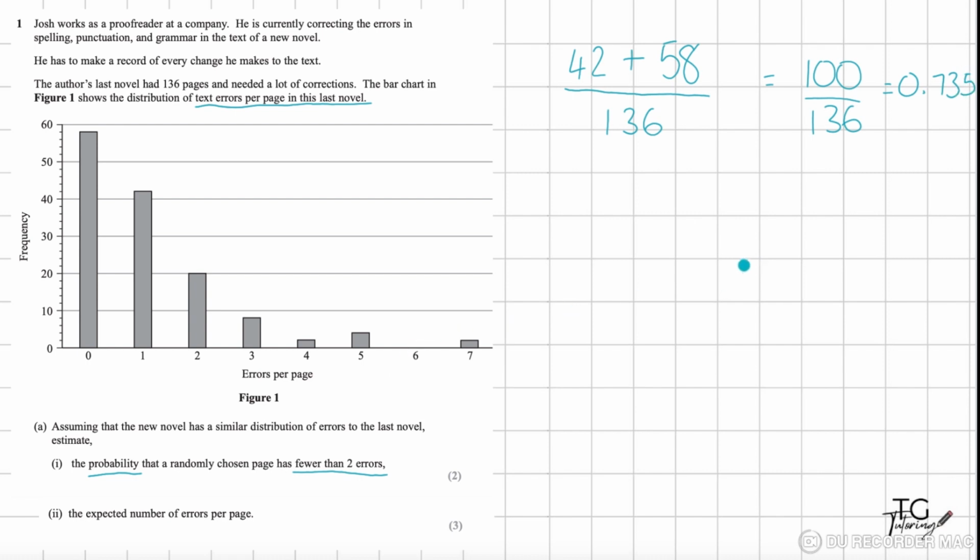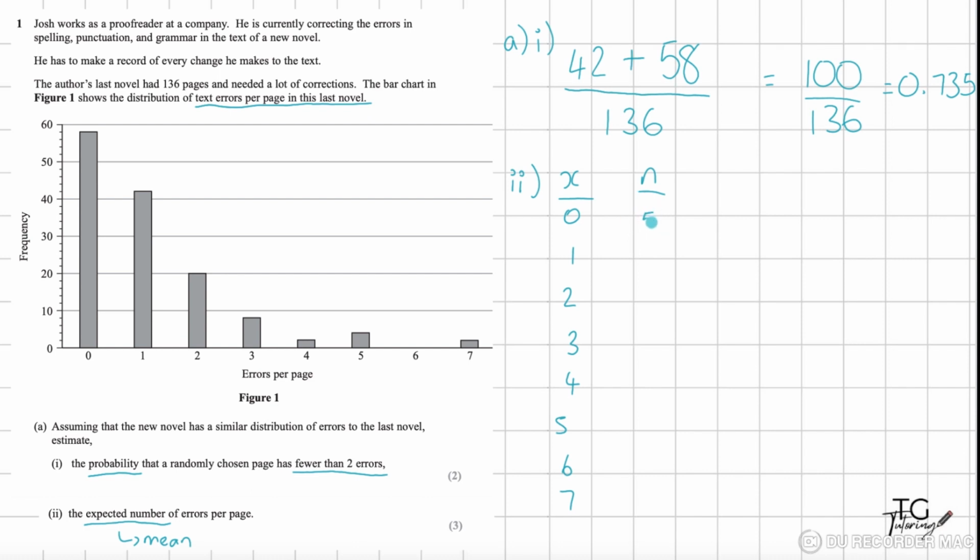Part 2 of question A says, work out the expected number of errors per page. So in other words, when we see the expected number, what that means is the mean. So to work out the mean number of errors per page, I'm going to use the frequency table method. So if I create a frequency table where I've got X, which is the number of errors per page, so we have 0, 1, 2, and N, which will be the frequency, so how many pages had that number of errors.